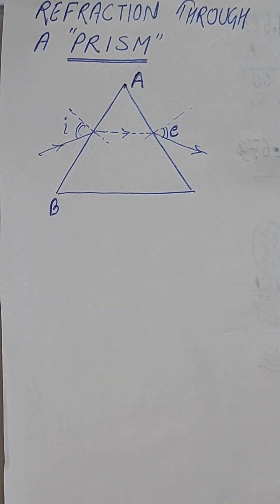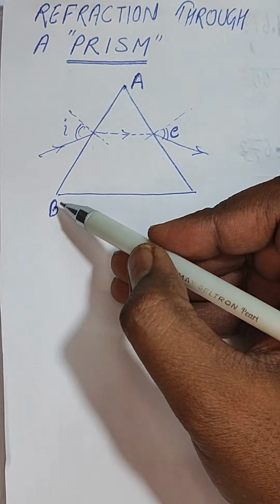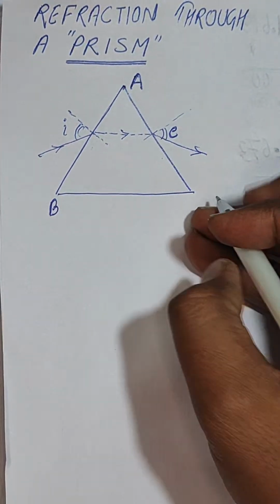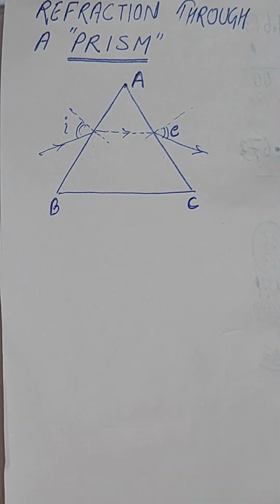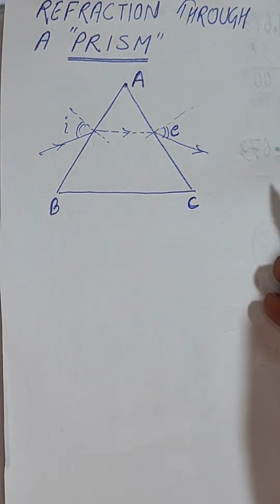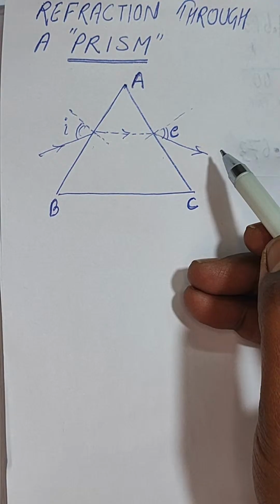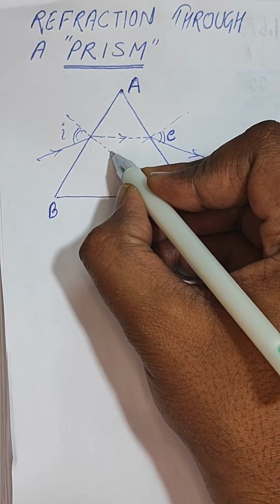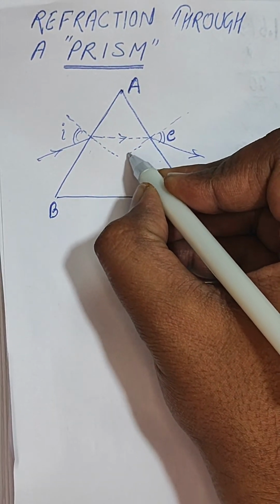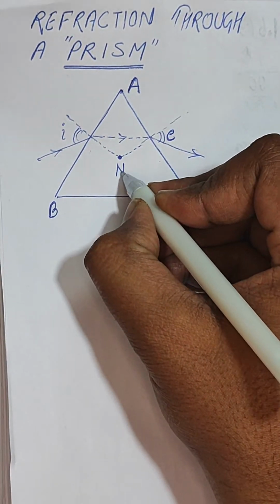The angle of incidence is considered on the surface AB, and the angle of emergence is considered on the surface AC. Both of these are glass surfaces. Now, the angle of incidence I and the angle of emergence E. Let us extend this normal over here and this normal over here, and let us say this quadrilateral is formed, as taken in the NCERT.